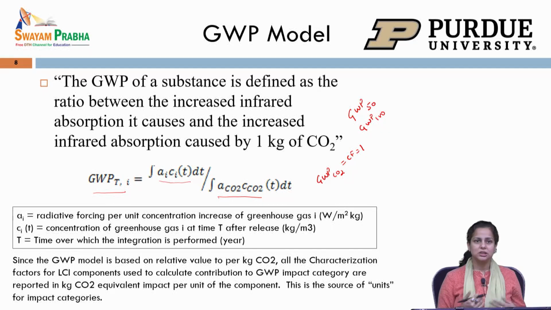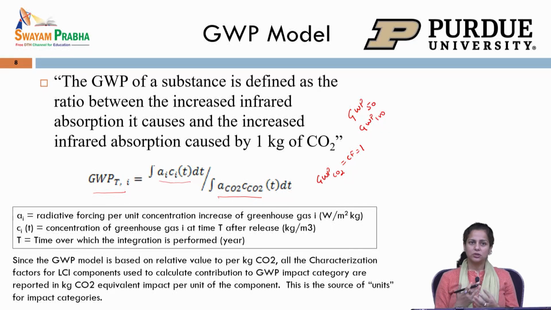So since the GWP value is based on relative value to per kg CO2, all the characterization factors for your LCI components are actually reported in kg CO2 equivalent impact per unit of that component, and this is the source of units for the impact category.